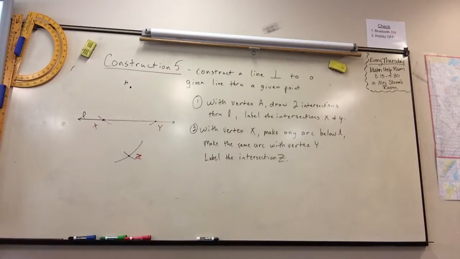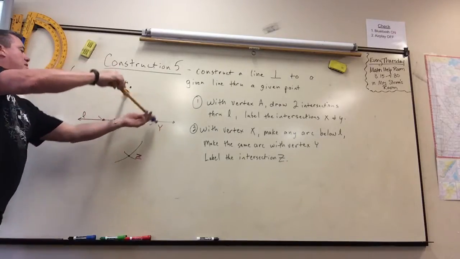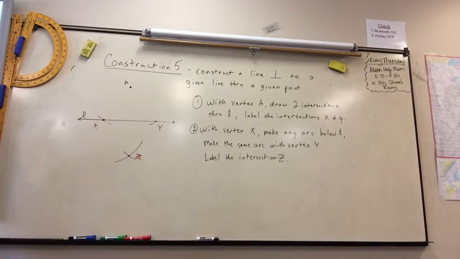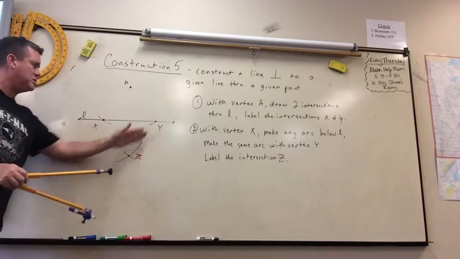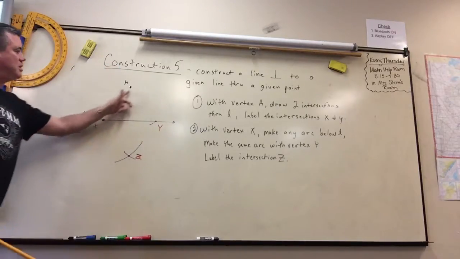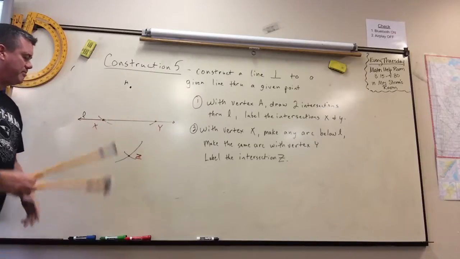So now this construction, when you do it quickly, all you do is you make a mark here, here, slide down, make an arc, make an arc. Okay, you can keep them all the same if you want, but you could switch these, as long as these two are the same and these two are the same.